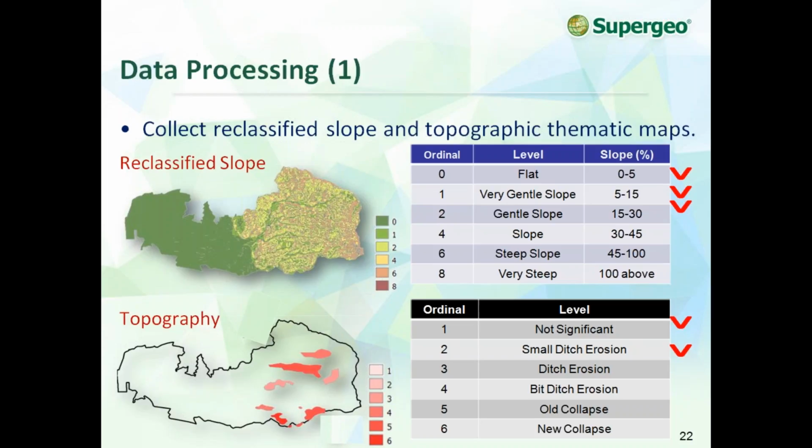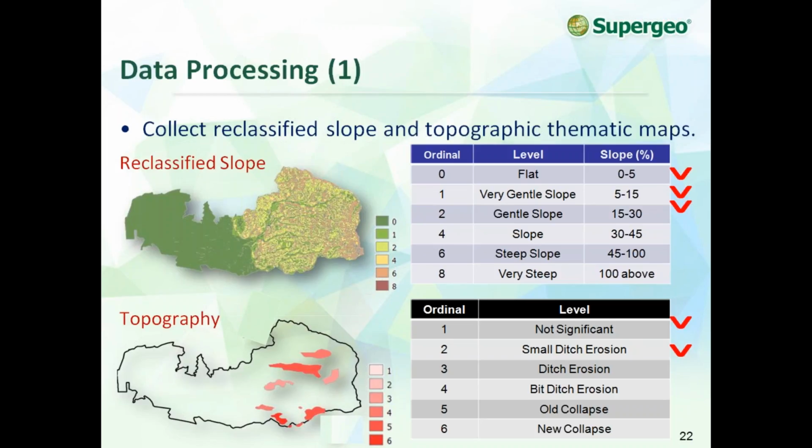In the first part, I try to create the ordinal topography map. So I collect the reclassified slope and topography semantic maps, and we use the reclassify tool to process the input of the two data layers. Everybody can see the first table. I set 6 categories, and the ordinal numbers represent different meanings.